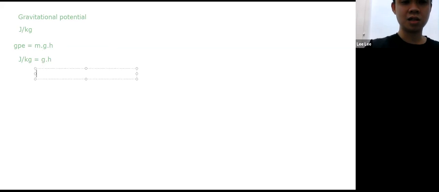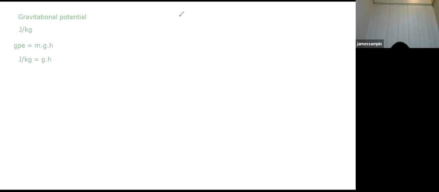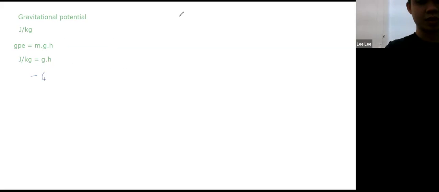The g, you already learned it. The formula for g is negative GM over x squared, times x, right? So the height is a distance measurement, so it's x.